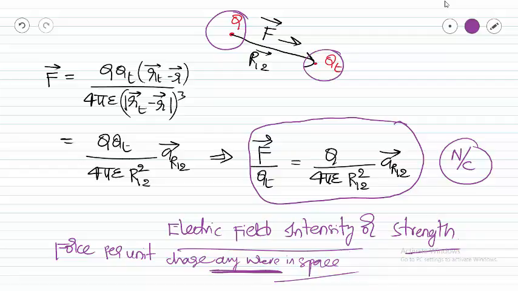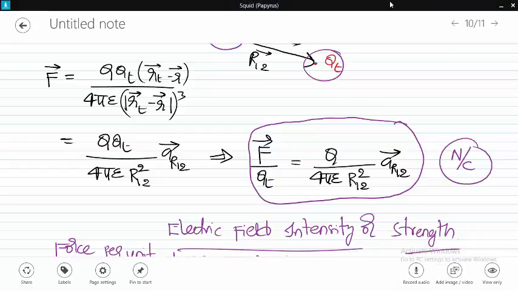So that is the formal definition of electric field intensity. Mathematically we should have a relation. Electric field intensity is given by, because force is a vector, electric field will also be a vector, limit Qt tends to 0 of F bar by Qt.